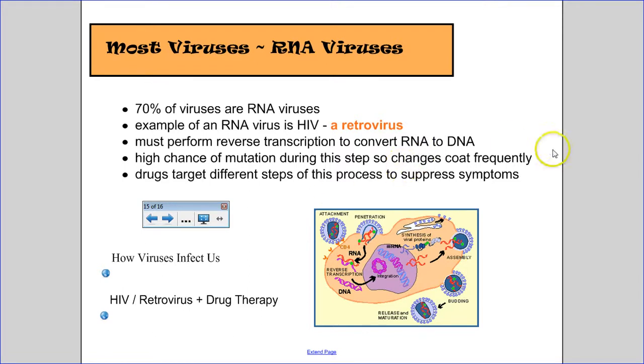Because of this extra step, there's a higher chance of mutations happening, and so there's a higher chance of changes on the outside of it that make it able to keep on going and not be as affected by the medications and other things that we do to try and stop its infection. Because it's always changing so much, it's hard to keep ahead of it and basically get rid of it completely.